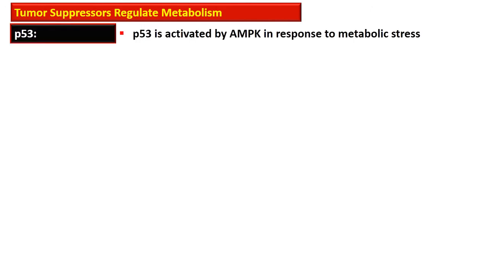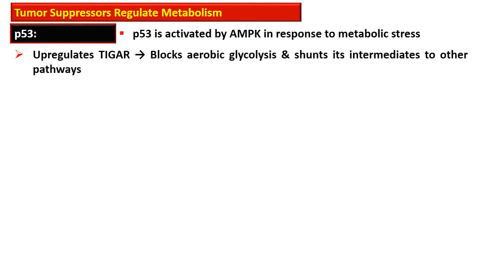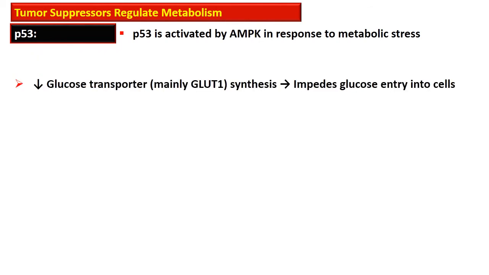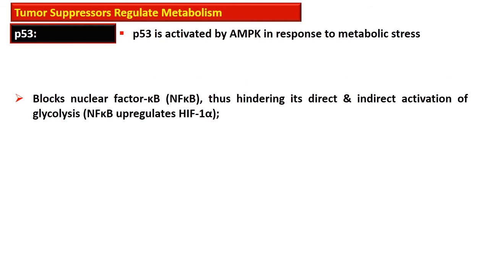P53 is activated by AMP kinase in response to metabolic stress, and there is upregulation of TIGAR, that is TP53-induced glycolysis regulator, that will result in block of aerobic glycolysis and shunts its intermediates to other pathways. The decreased glucose transporter, that is GLUT1, synthesis will result in impeding of the glucose entry into the cell.